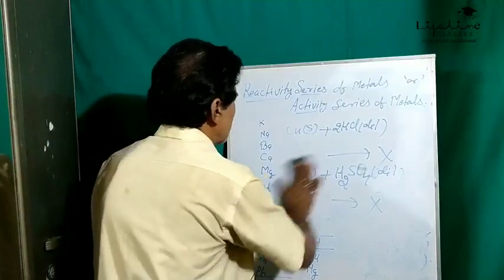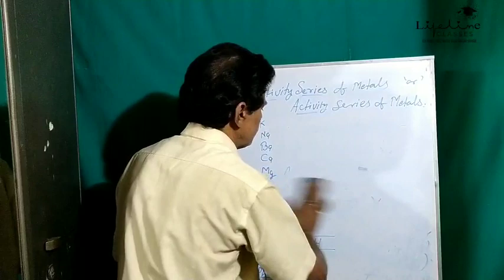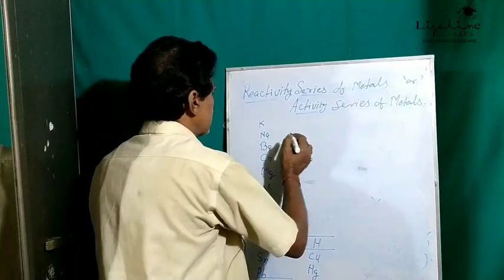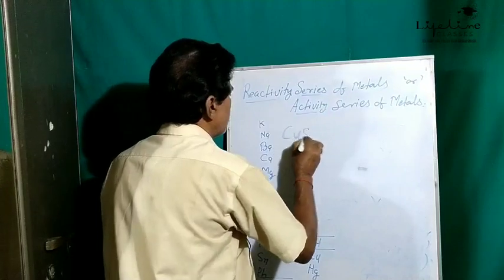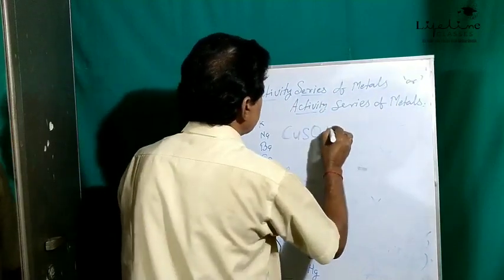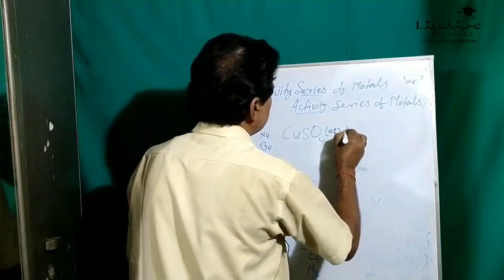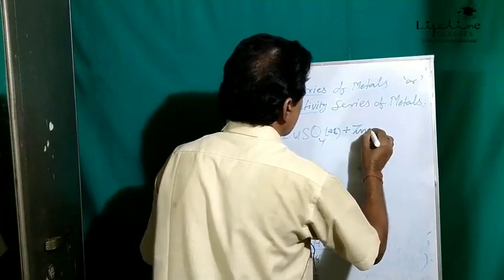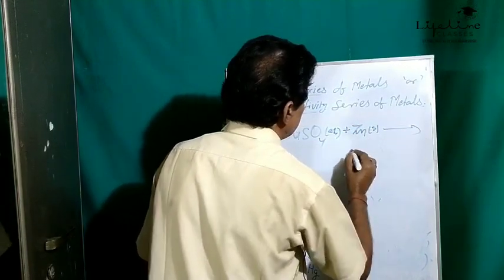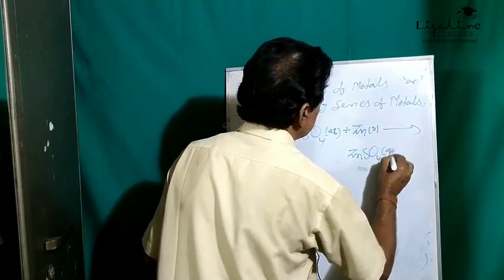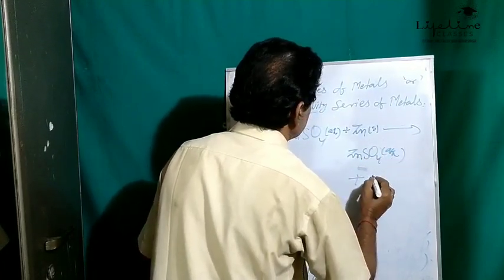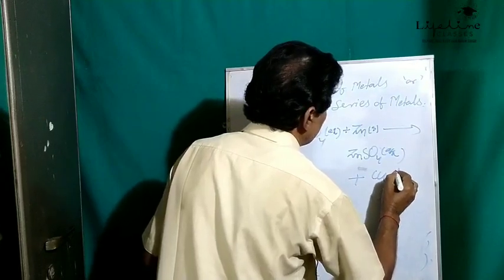See a few examples here. In a copper sulfate solution, when zinc granules are added, we get zinc sulfate aqueous plus copper metal.